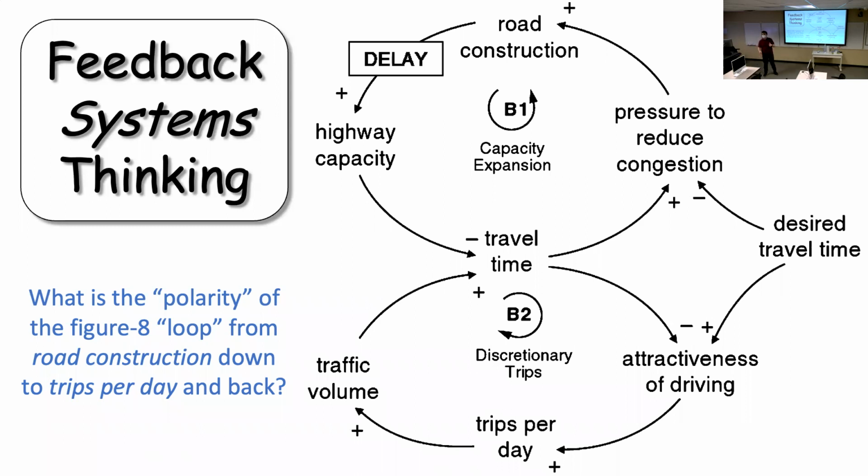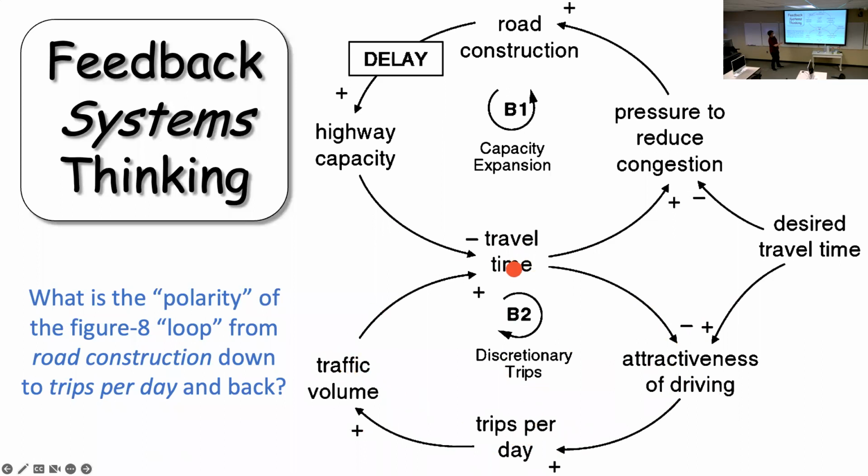If you really do make a road so much nicer that you can get anywhere pretty much at the speed of the vehicle, so there's really no congestion, then that's going to make an effect on discretionary trips. As you decrease travel time, you increase the attractiveness of driving. That increase is why that's a minus there. As you increase the attractiveness of driving, you're going to get more trips per day. As you increase more trips per day, you get more traffic volume.